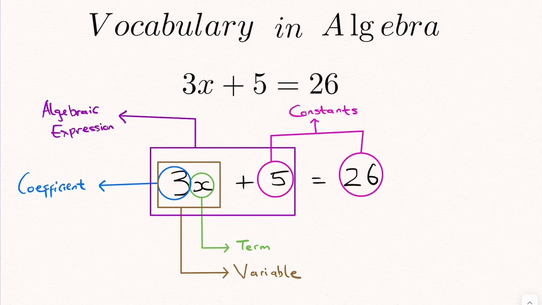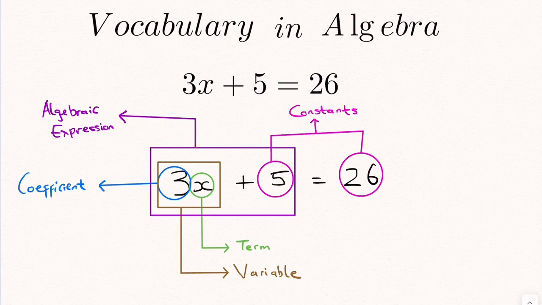An algebraic expression is something that has a variable and a constant together. So 3x plus 5 is an algebraic expression, and it's not an equation. Many people mistake it for an equation, but this is not yet an equation. 3x plus 5 is just an expression. Why?